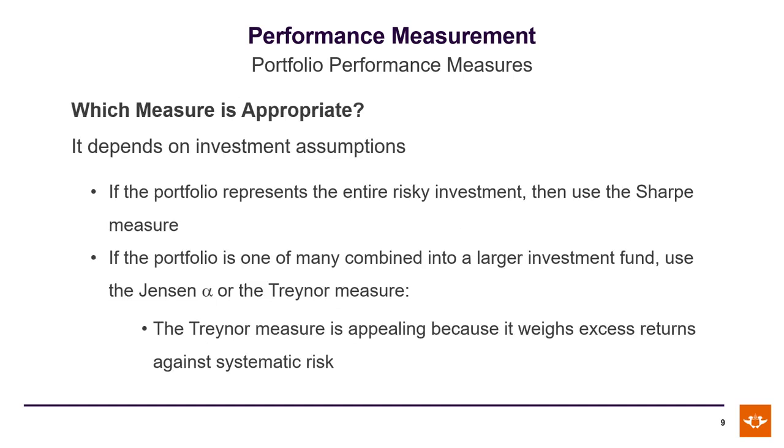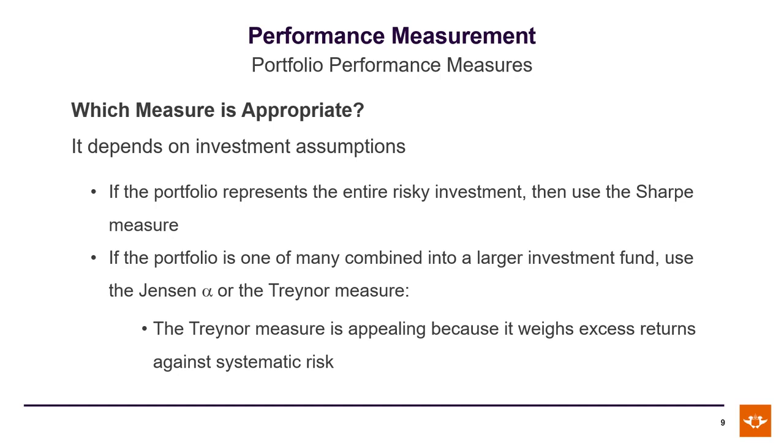We're now going to delve more deeply into which risk-adjusted measure is most appropriate. And it all depends on what investment assumptions you are using. If the portfolio represents the entire risky investment, then the Sharpe ratio is the most appropriate measure.